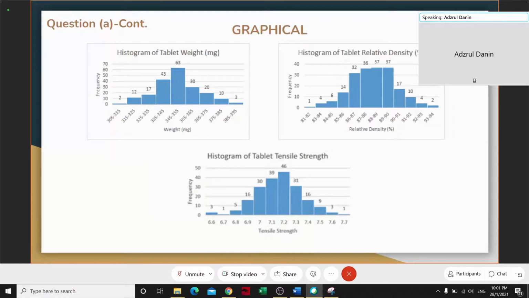Since this is quantitative data that we can calculate, we have chosen histogram charts to represent the data. With all of these three basic summarizations from the data analysis, we could finally continue with other statistical analysis.